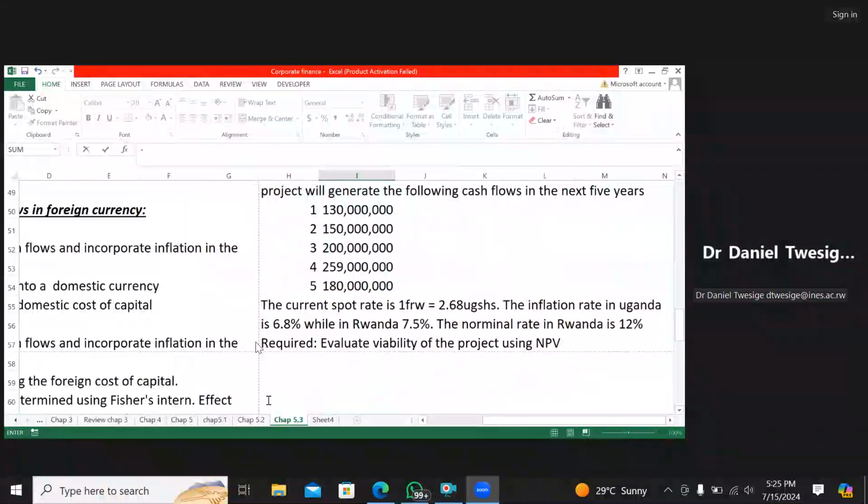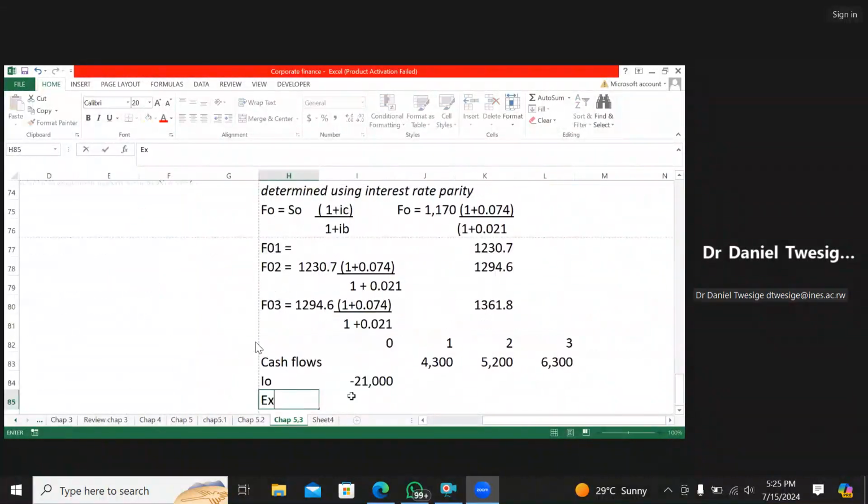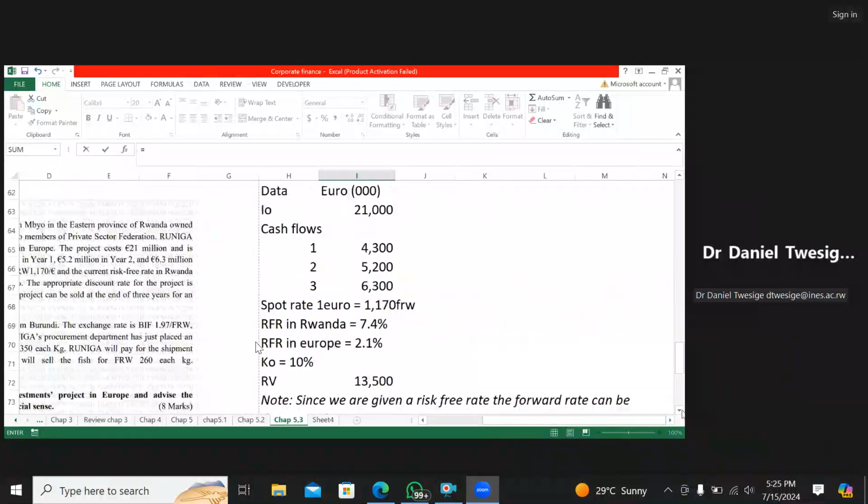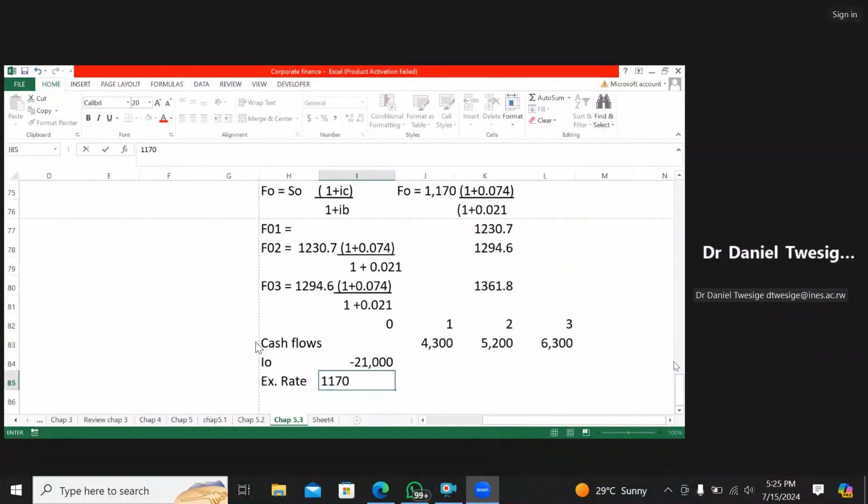For year 0, you take the spot rate today, so that's where we are today, 1170. Year 1, we go to this. Year 2, we go to this. Year 3, we go to this.